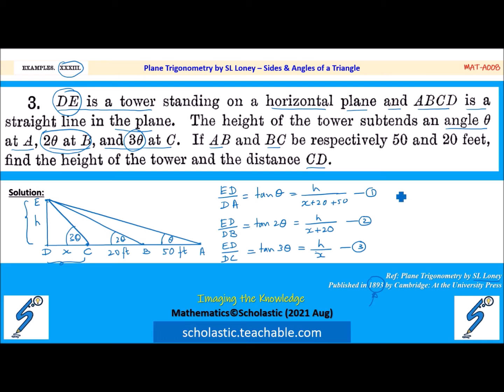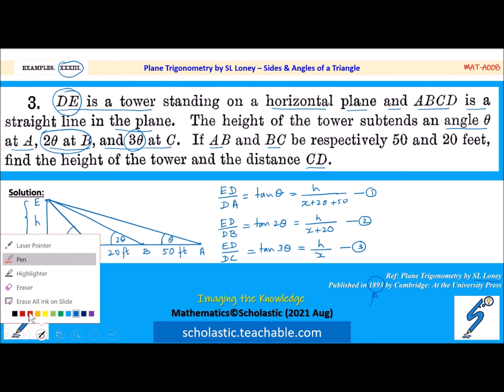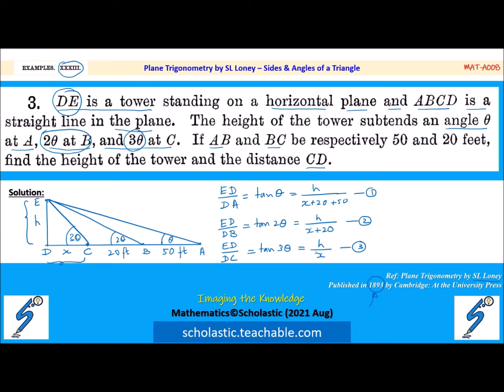But from the basic theory of trigonometry, we know something for tan 2 theta. So I write it in different color. This is tan 2 theta, coming from your theories. Tan 2 theta is equal to 2 tan theta divided by 1 minus tan squared theta.